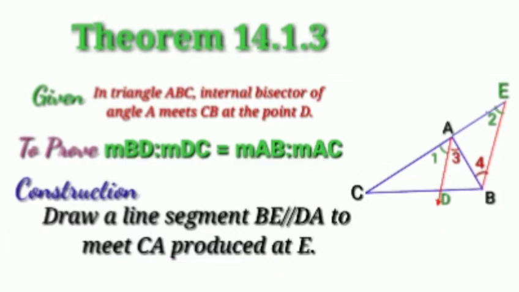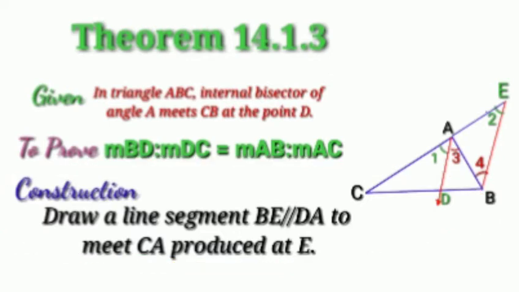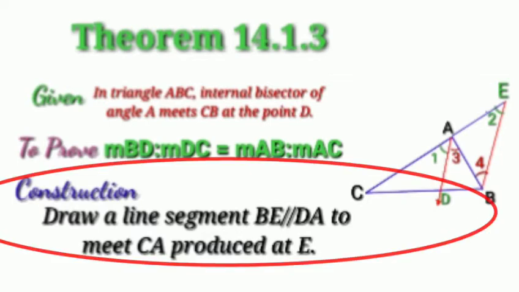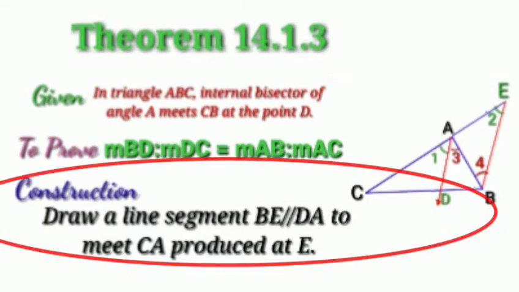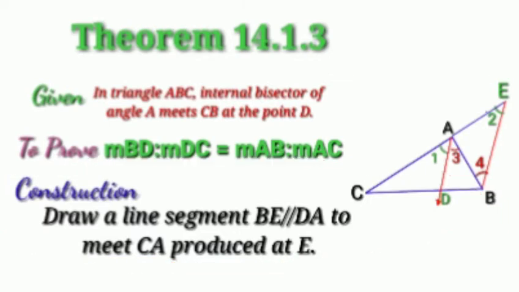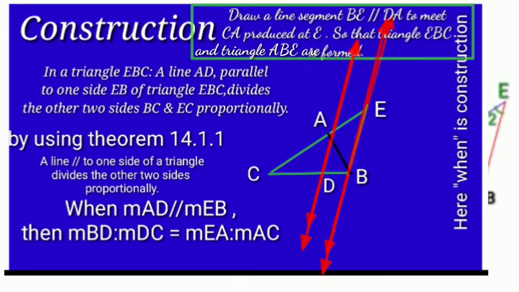Draw line segment BE parallel to DA to meet CA produced at point E, so that triangle ABC and triangle ABE are formed.